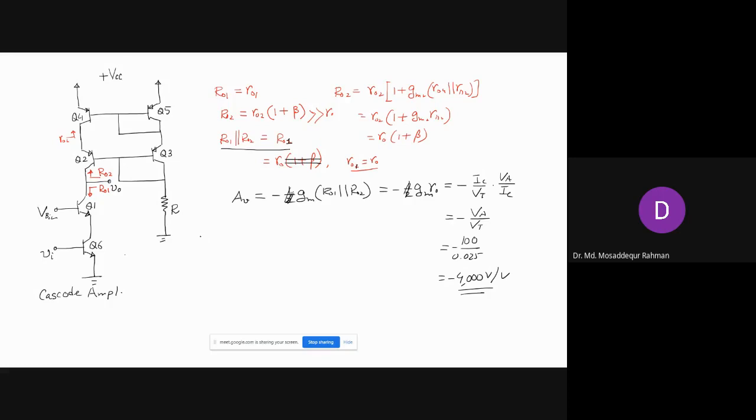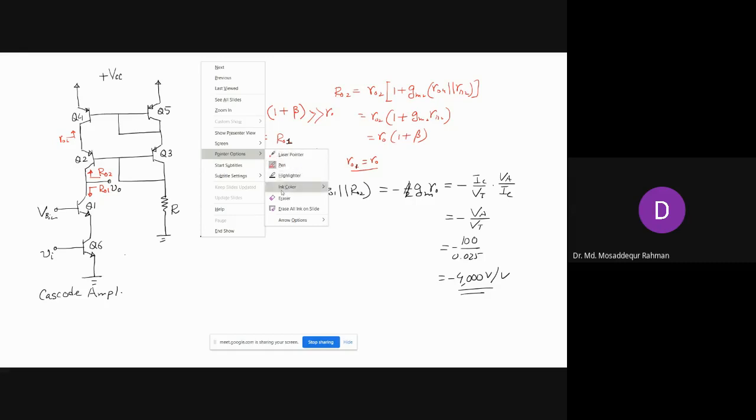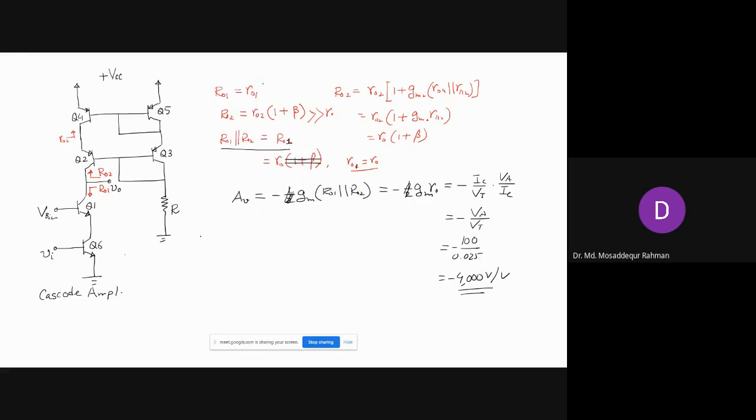Now both R01 and R02 will have very high values. Now R01 will also be small r01 times 1 plus beta. This is also a cascode configuration, and that will be the output resistance.